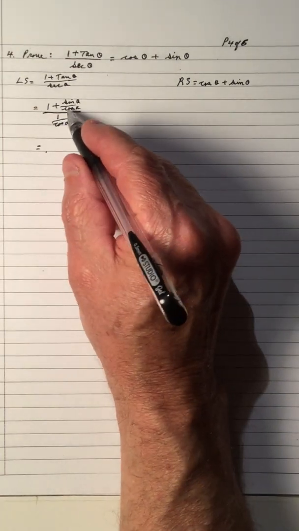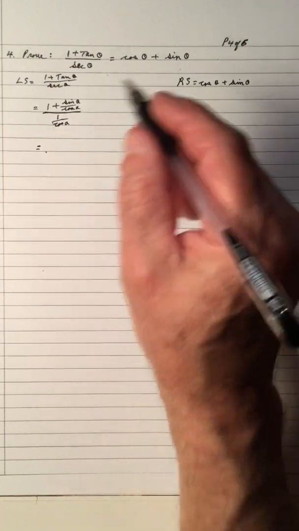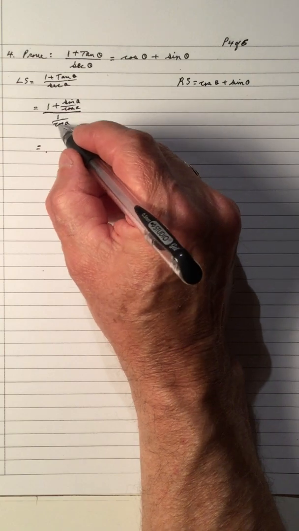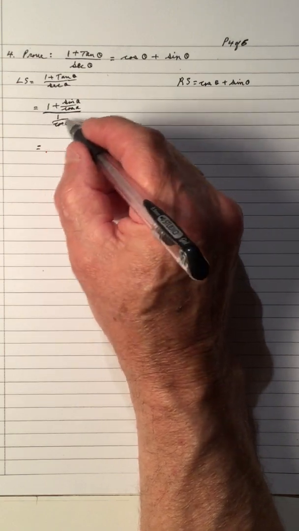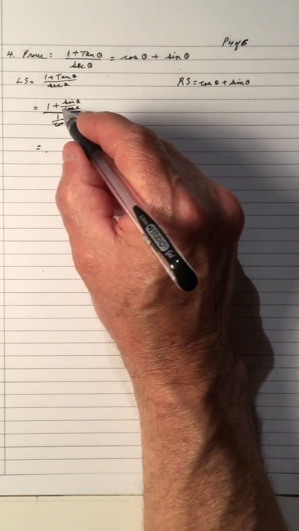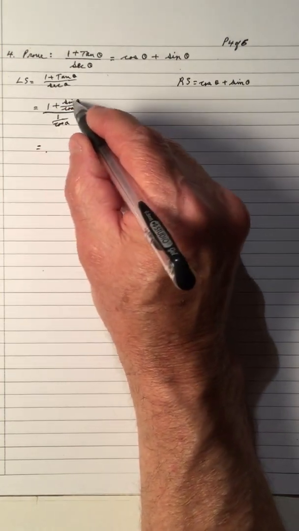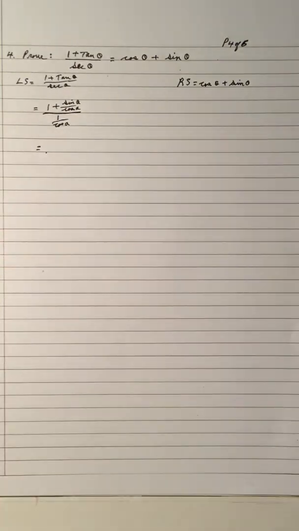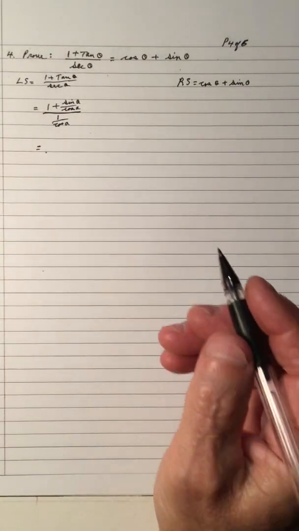I have a complex fraction, so I can multiply by the LCD. If I multiply the top and the bottom by the common denominator, it cancels out all the fractions. Or there's another way that we can do it. We can also simplify the top to a fraction. The bottom is already a fraction, then multiply by the reciprocal. So there's two choices here.